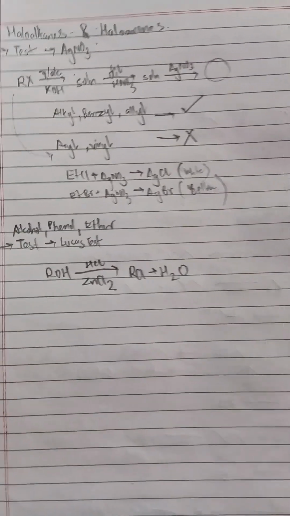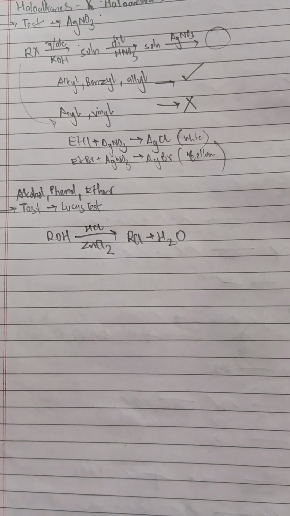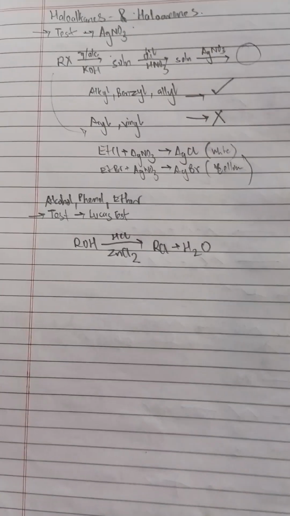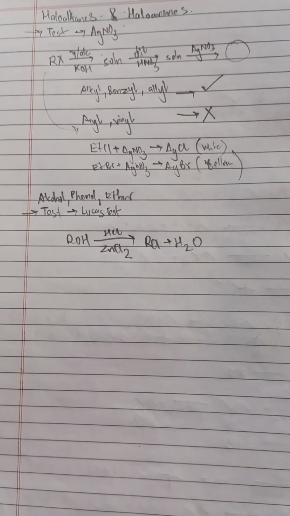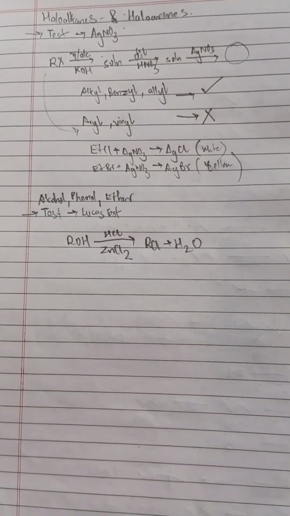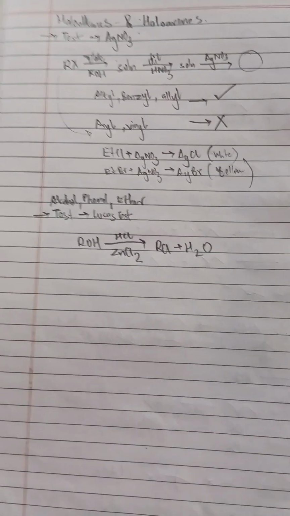We must remember that if turbidity appears immediately, tertiary alcohol is indicated. If turbidity comes within 5 minutes, secondary alcohol is indicated. If turbidity doesn't appear or it forms after heating the solution, primary alcohol is indicated.